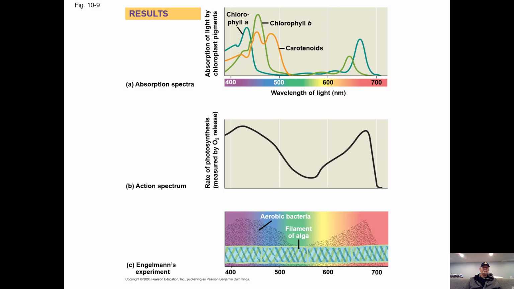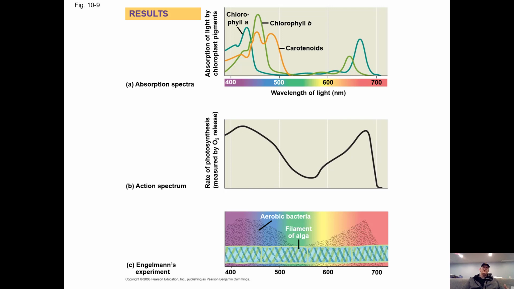Likewise, if you look at the bottom, in the 1880s, there's a scientist by the name of Engelmann. He did an experiment where he took algae and shined light on it through a prism. That prism split the light up into a rainbow spectrum. He added aerobic bacteria, bacteria that need oxygen to survive. He found that the aerobic bacteria grew really well in the area where there was blue light and in the area where there was red light, but not very well in the area that was green light.